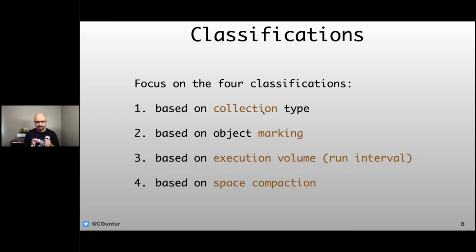How do we mark them? Based upon execution volume, how much of the memory are we actually evaluating for garbage collection? And based upon space compaction, do they compact or do they not compact? Those are the 4 types we will focus on. These are not the only 4 types. There are several other types, but these are the 4 most important ones we will look at.